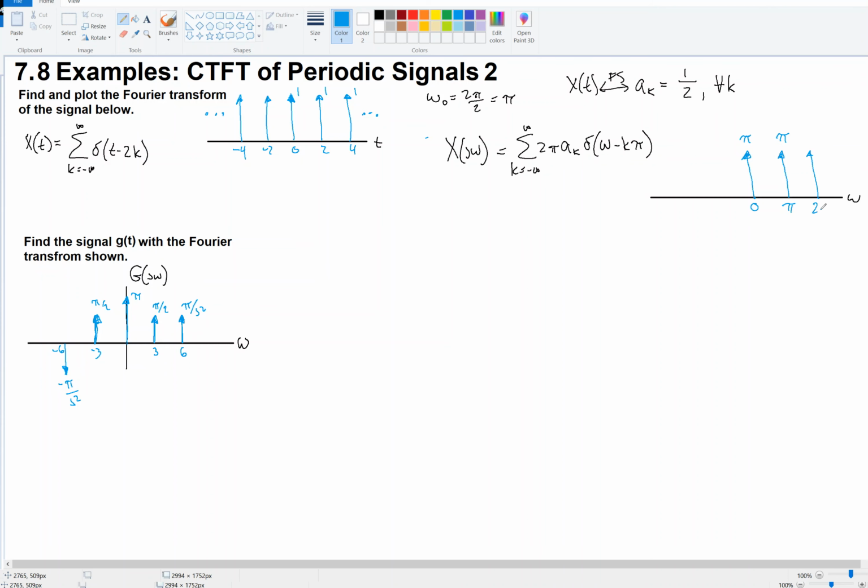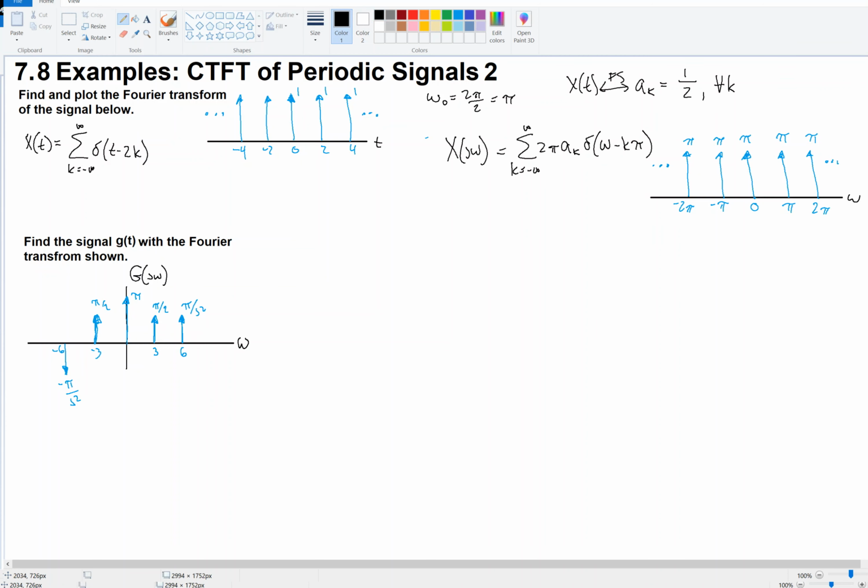You'll see that I'll have one at 2 pi, and at 4 pi, and at minus pi, and at minus 2 pi. And these are all scaled by pi. And so this goes on forever. That's the answer, right? No big deal there. It looks more complicated in math terms because the impulse is kind of cumbersome to work with. But once you start plotting it, you see that it's really not that difficult.